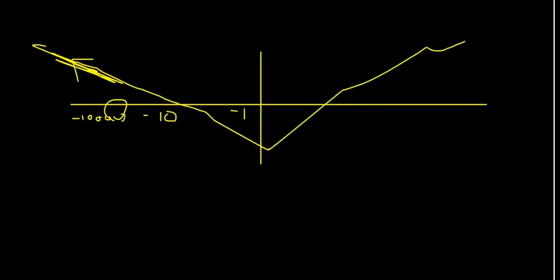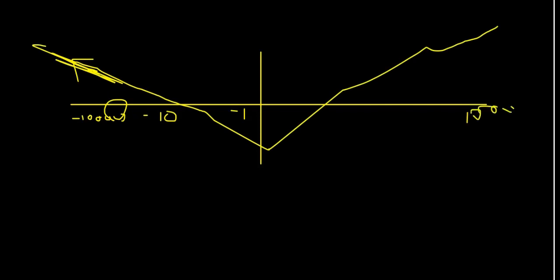We don't know. Maybe we can have -1 here, maybe 10 here, -1 million. I don't know where it will end. It will just continue to go that way. And also that side, it will continue to go, I don't know, 1 million or something.